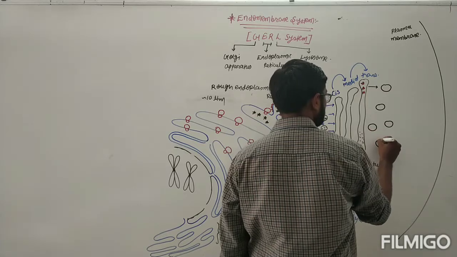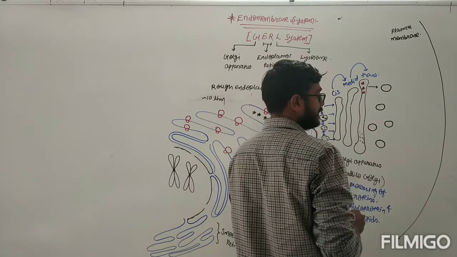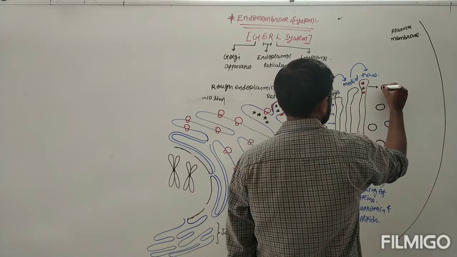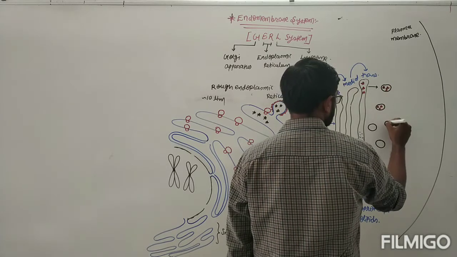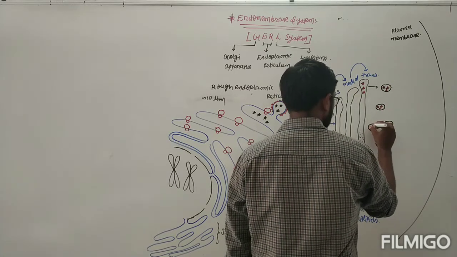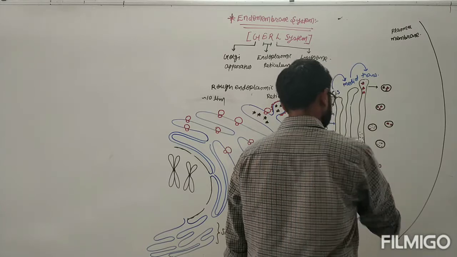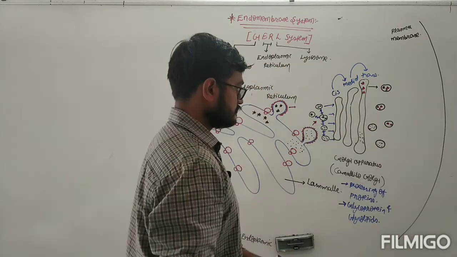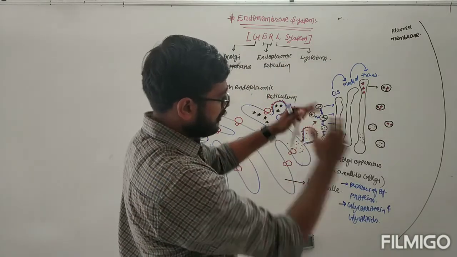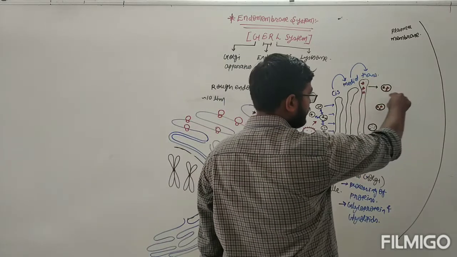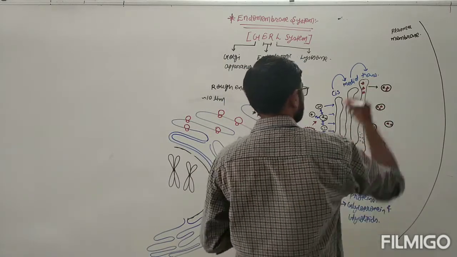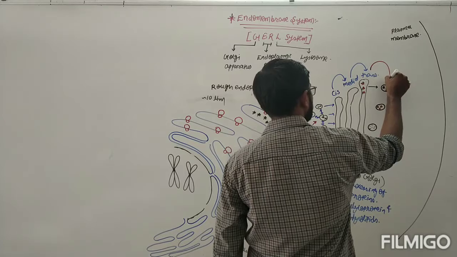The vesicles which are going to be released contain different kinds of proteins within them. So some of them have these kinds of protein, these kinds of protein. So the trans is going to completely disappear. The trans is converted into vesicles.